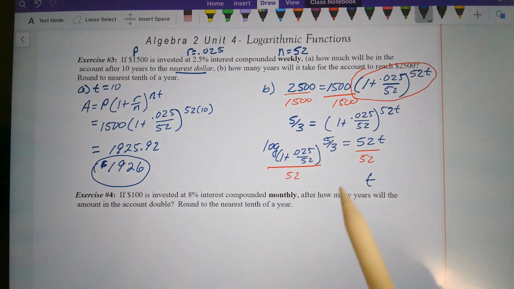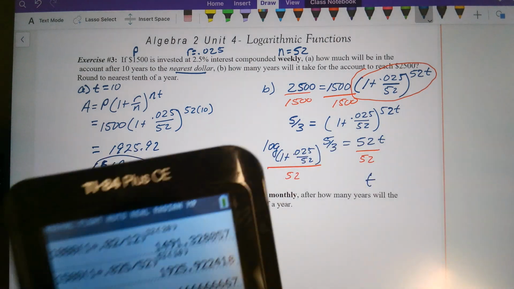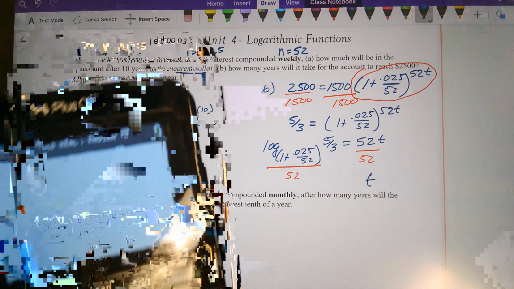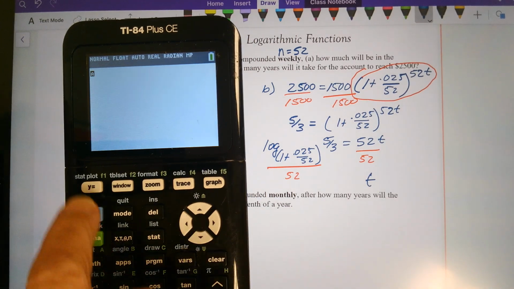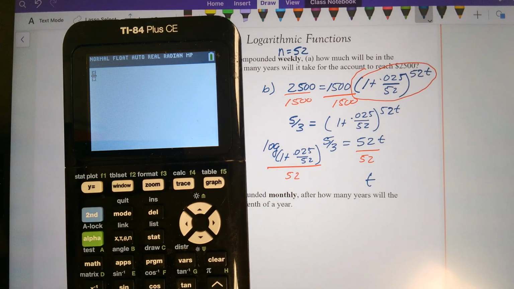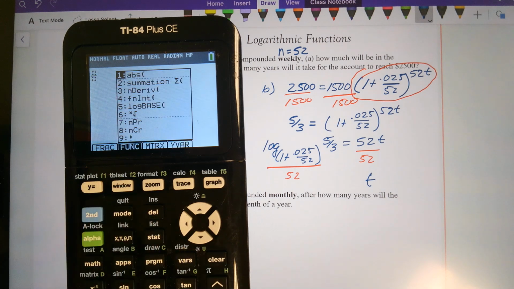So this is what we're keying into the calculator. Here's my fraction bar.